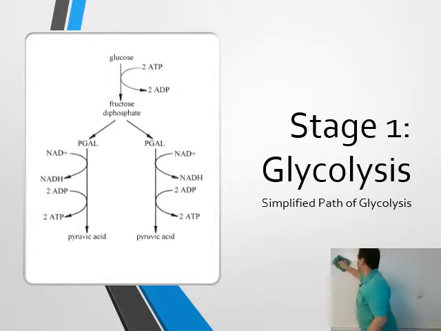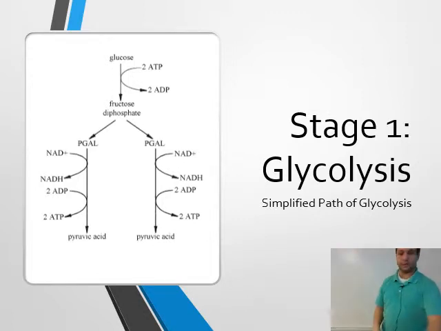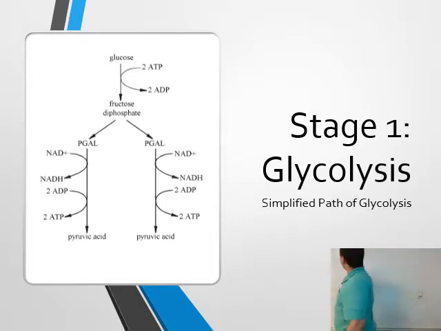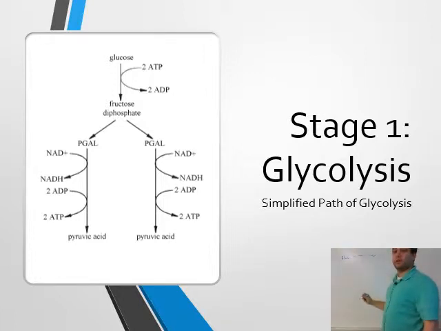All right, so what we're doing then is we are taking glucose. That glucose undergoes glycolysis. In the process, net total of 2 ADP go in and 2 ATP come out. So far, so good?